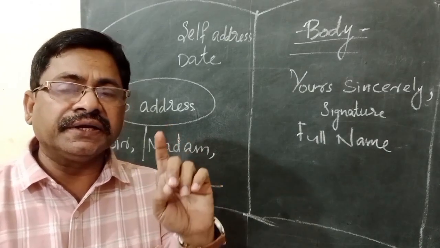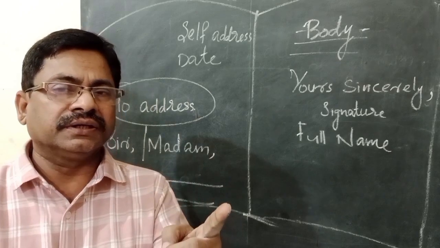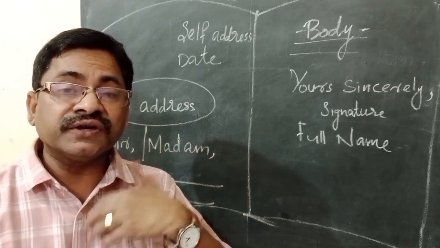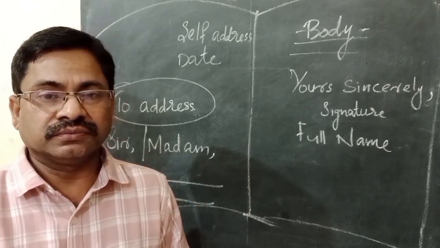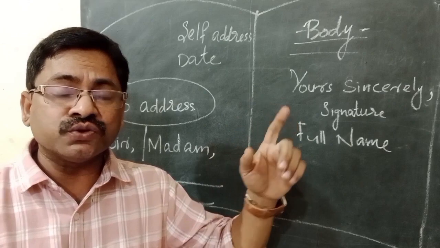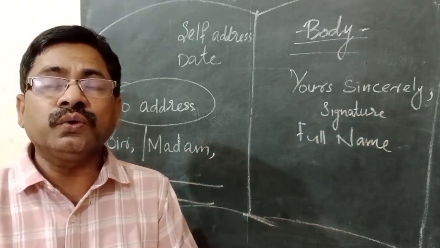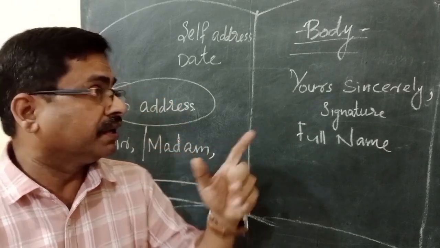The first one is an introduction. While making the introduction, you have to understand one thing, that first of all we have to introduce ourselves, because the officer to whom you are writing the letter may not know who you are. So a self introduction is very much necessary in a formal letter.